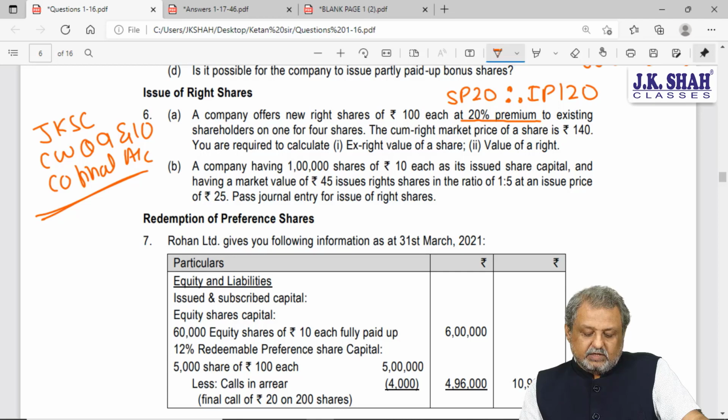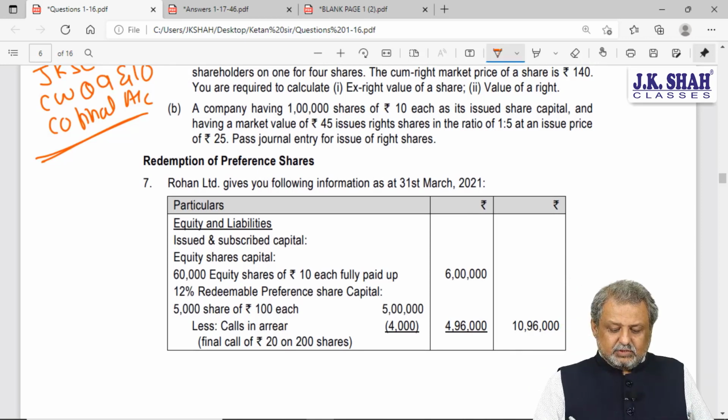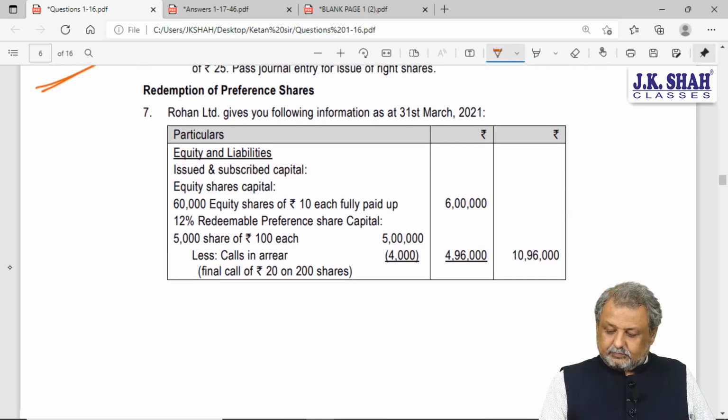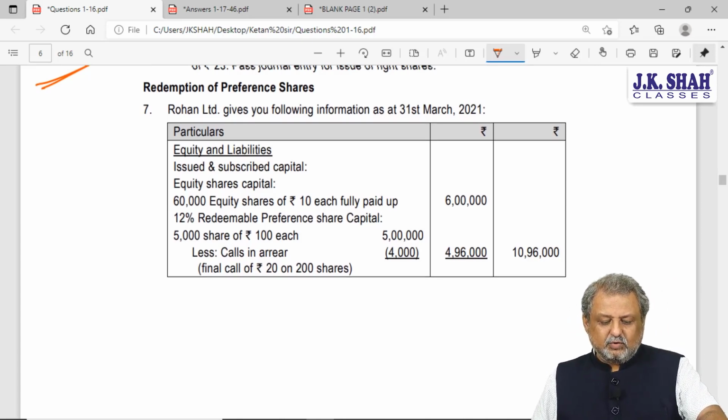And the issue of right shares we have covered in the topic of company final accounts. Redemption of preference shares is the next topic that we are doing. A very nice topic, but there is some small point here which we will need to discuss.